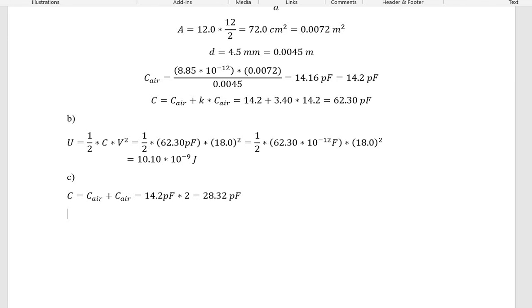And the next step is to simply calculate the energy using the same formula we used in part B. So it's going to be 1 over 2 multiplied by C multiplied by V squared.